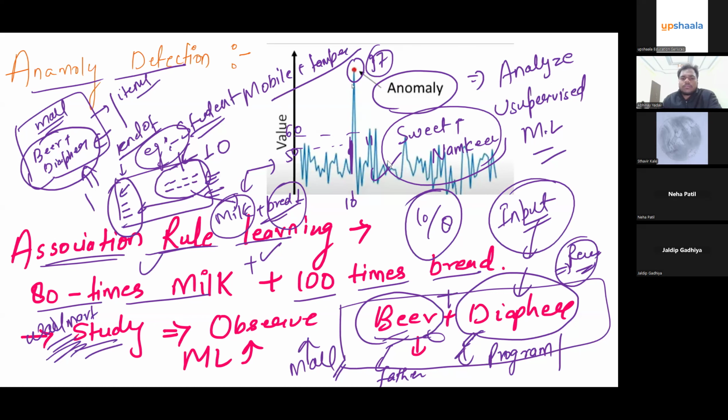I think Zepto is also one of the companies that uses anomaly detection, if I'm not wrong, given the example. Yes, exactly. So this is like sales optimization you can utilize for a business.